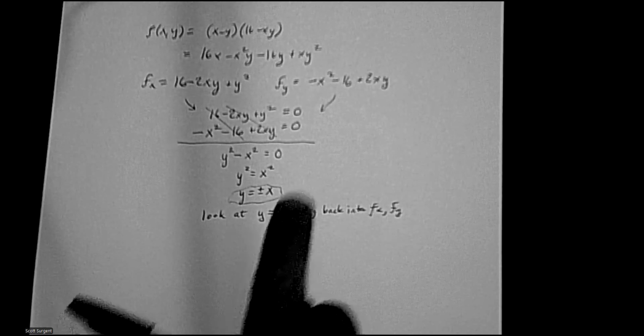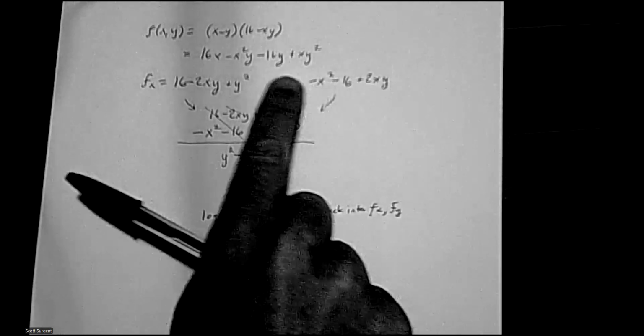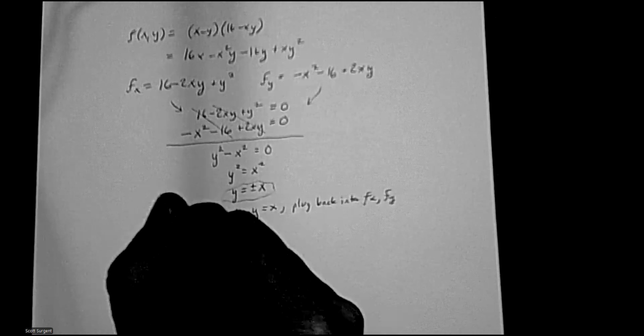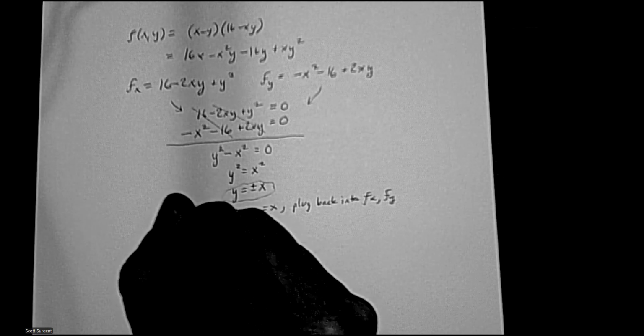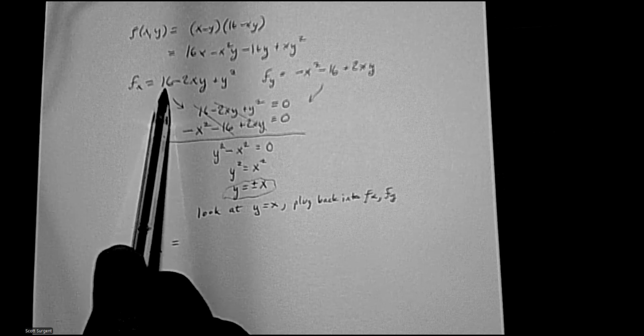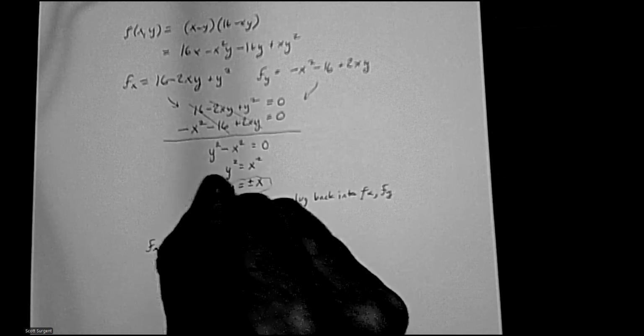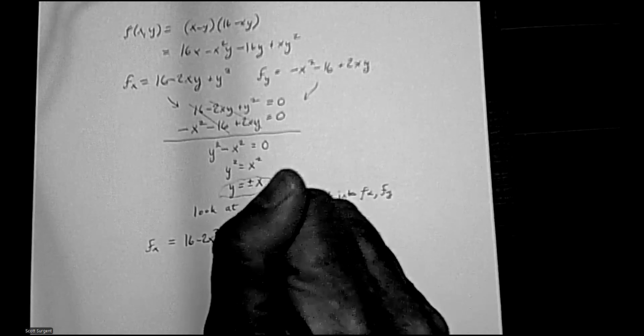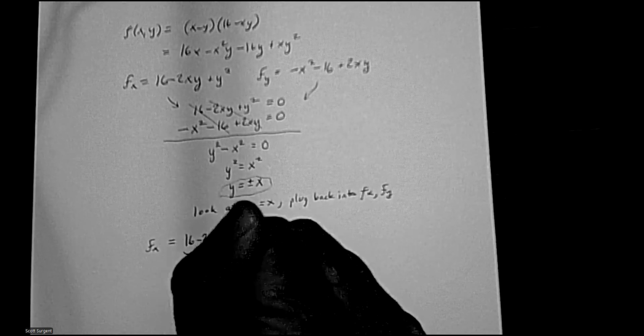So I'm going to put an x there, and obviously I'm going to put x's here. So f sub x, well, again, I'm just verbalizing it. I'm replacing y with x. So it's going to be 16 minus 2x squared plus x squared. So that's 16 take away x squared.